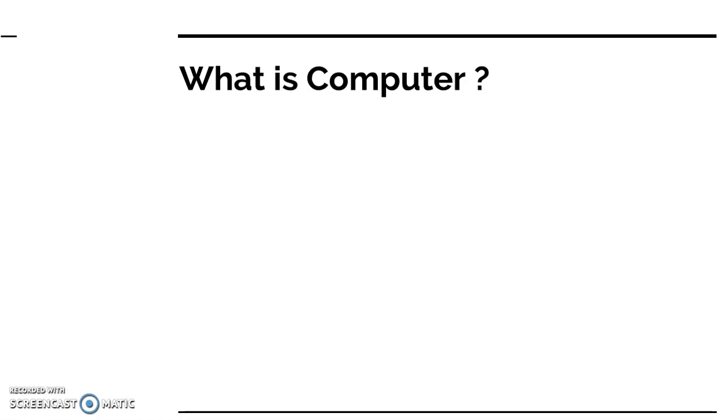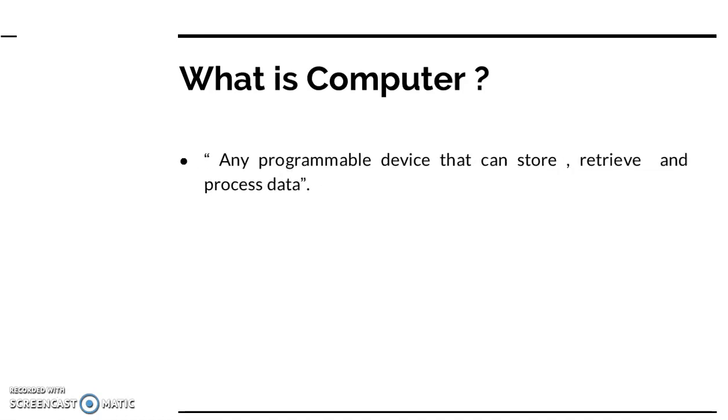Can you define the computer in simplest term? Think about it. What would be the definition of a computer in simplest term? I would like to say that a computer is a programmable device that can store, retrieve and process the data. What does the word computer mean? A computer is a Latin word which means to compute.